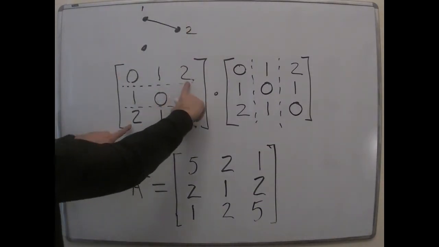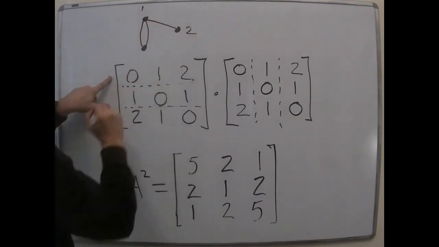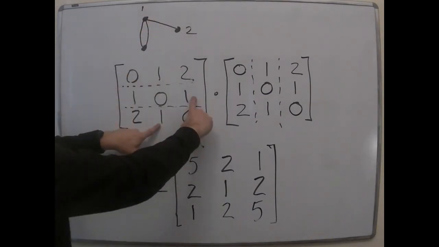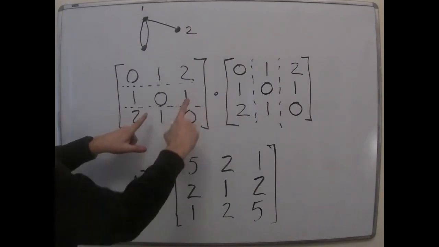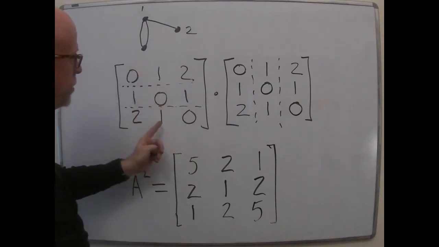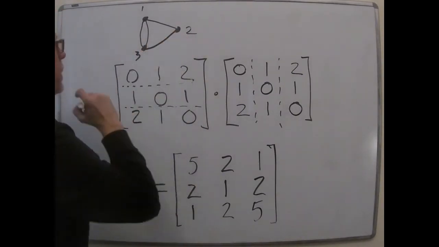What does this 2 that's here and here symmetrically tell us? Between 1 and 3, there's 2 edges. And what else? There's a pair of ones here and here. That's the edge between the third vertex and the second vertex. So 2 and 3 have an edge between them.